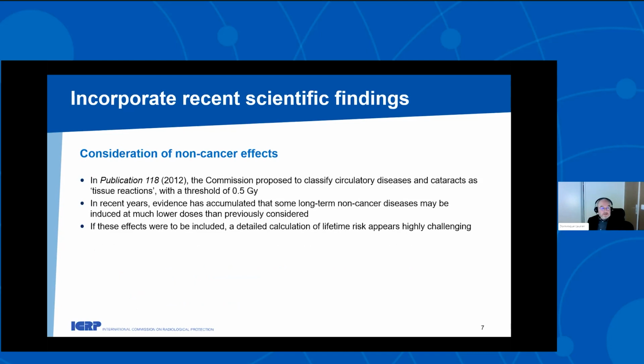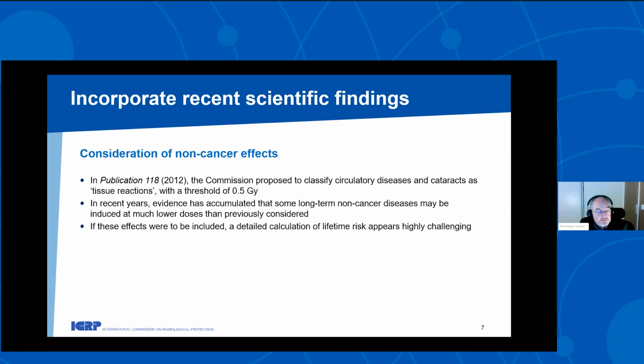At that time, the Commission proposed to classify circulatory diseases and cataracts as tissue reactions with a threshold of 0.5 gray, which means that below this threshold we consider that there is no risk, and above this threshold the severity of the effect increases with increasing dose.